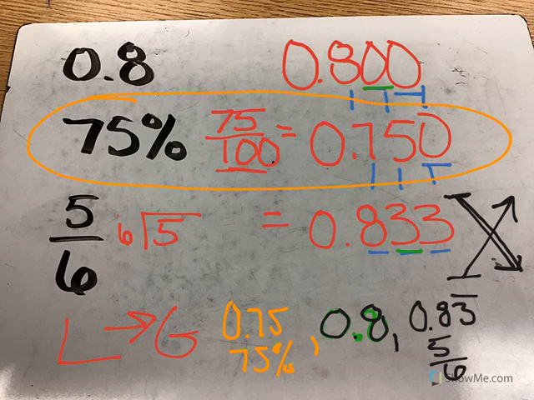And so once it's out of 100, 75 hundredths is easy to convert. I added the 0 because I need it for that particular problem. A fraction, divide the numerator by the denominator, line up the place values on the numbers, and then go by tenths, hundredths, thousandths until you can figure out which one is the least or which one is the greatest.